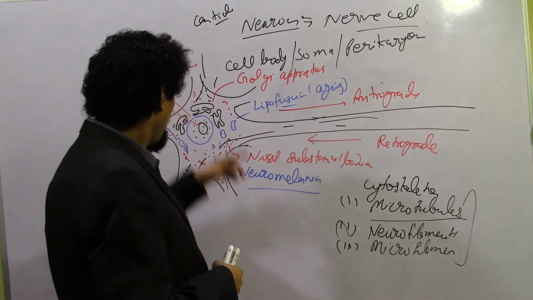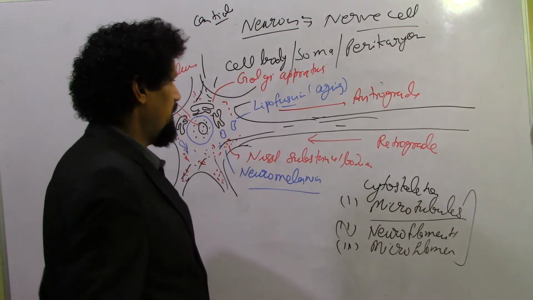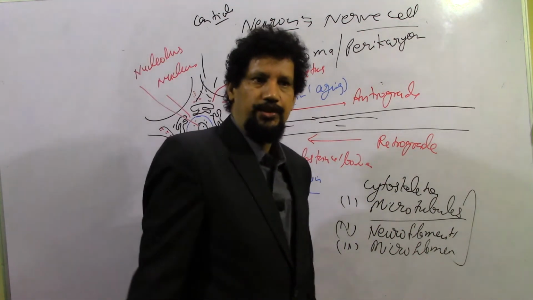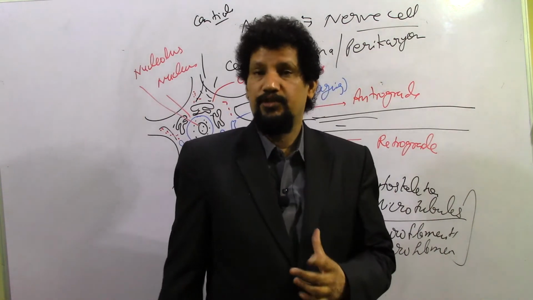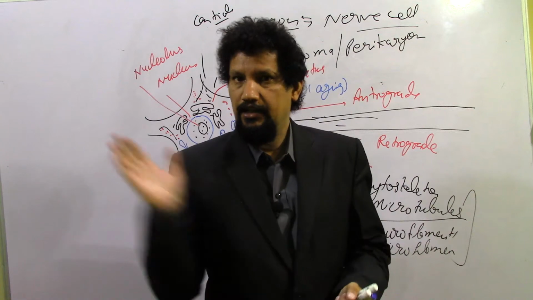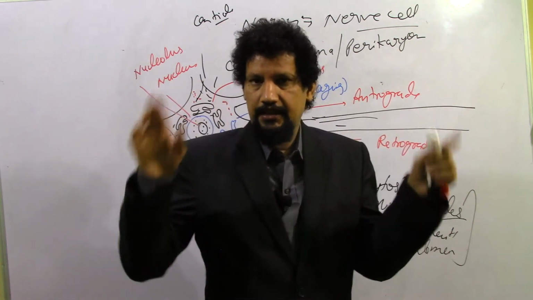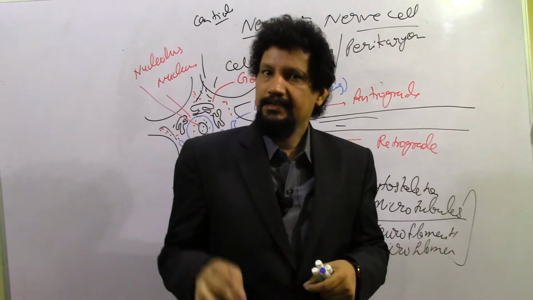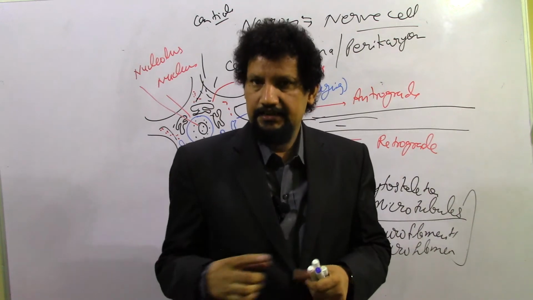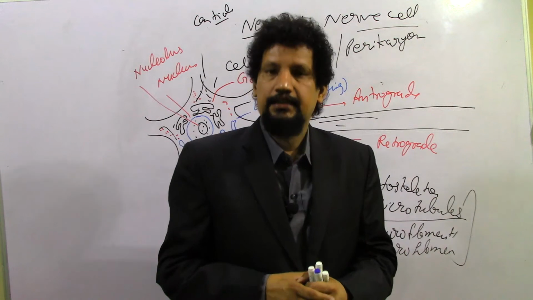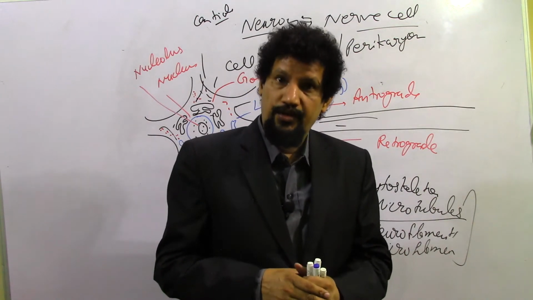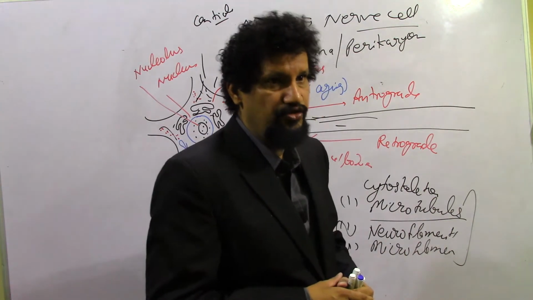So besides the cell body or soma or perikaryon, the typical neuron also has some elongated long processes around the cell. In some cases only one process, in some cases it may be two. These cellular or neuronal processes are known as neurites.